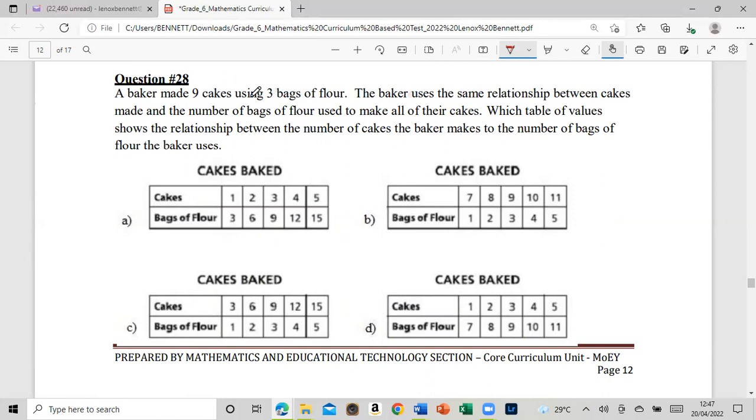So basically 9 cakes, 3 bags of flour. How much do I use for one bag? One bag is going to make 3 cakes, so we divide 9 cakes by 3. One bag gives us 3, 2 bags, 6.